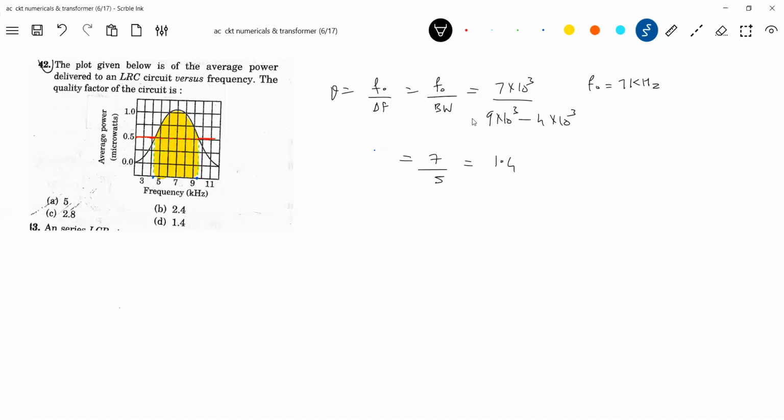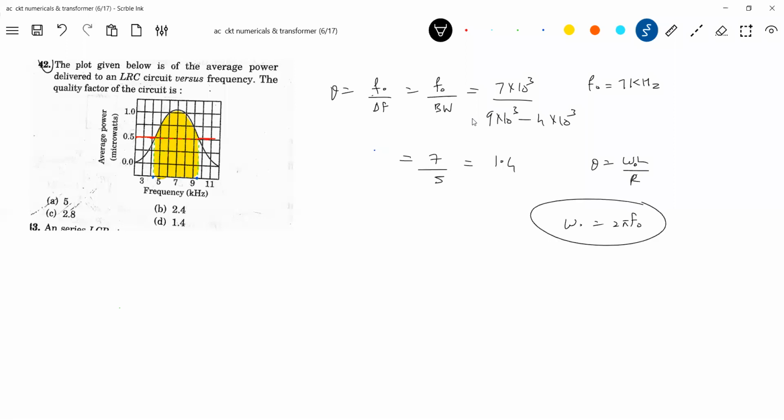You have to be very careful that for current and impedance in resonance, different types of graphs will be available, and from that graph we can get many other things. And if I give the inductance of the circuit, can we calculate the resistance of the circuit? What is the formula? Q equal to omega naught L by R. Omega naught we know from F naught.